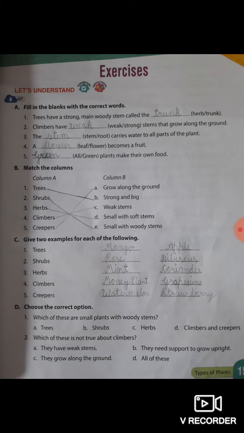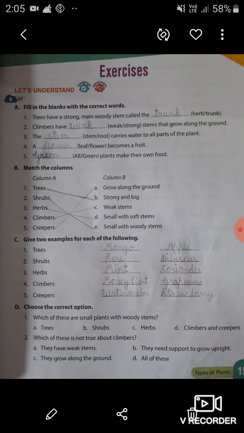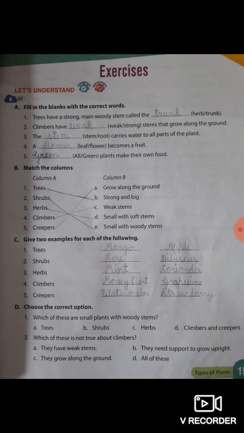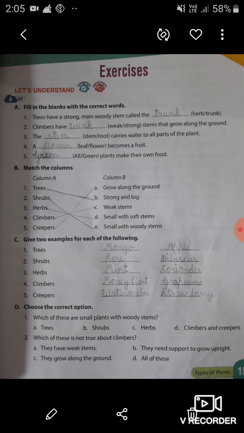Now let's come to the second one, that is shrubs. The examples of shrubs are rose and hibiscus. Now let's come to the third one, herbs. The examples of herbs are mint and coriander. So here you have to write mint and coriander in the given blank.